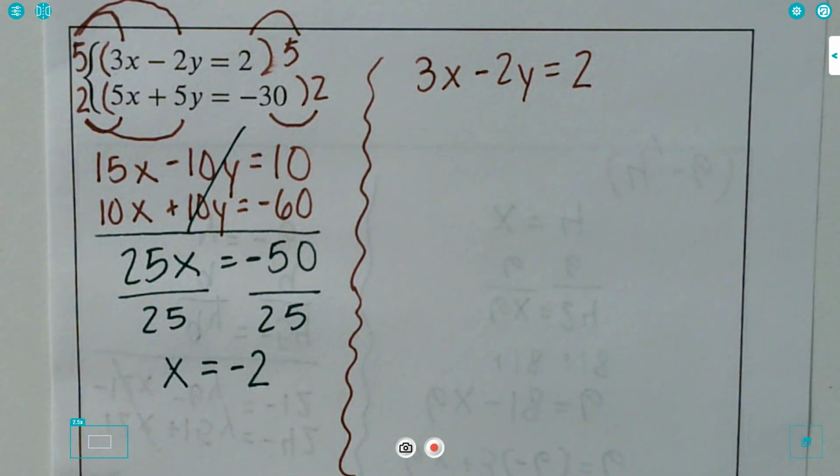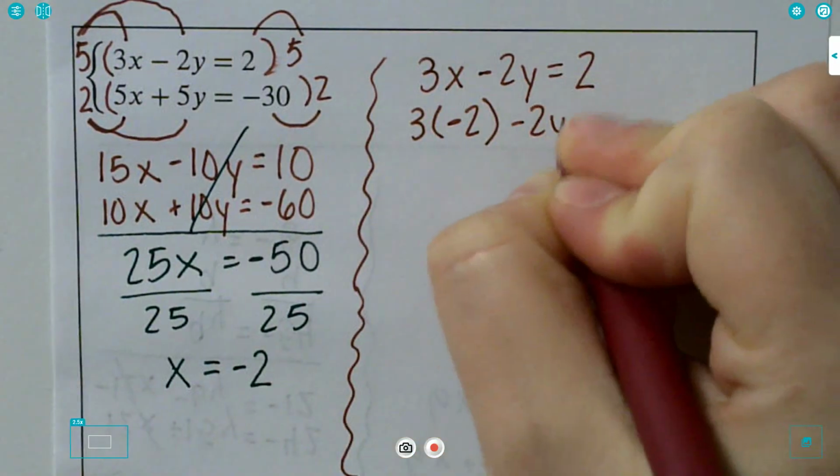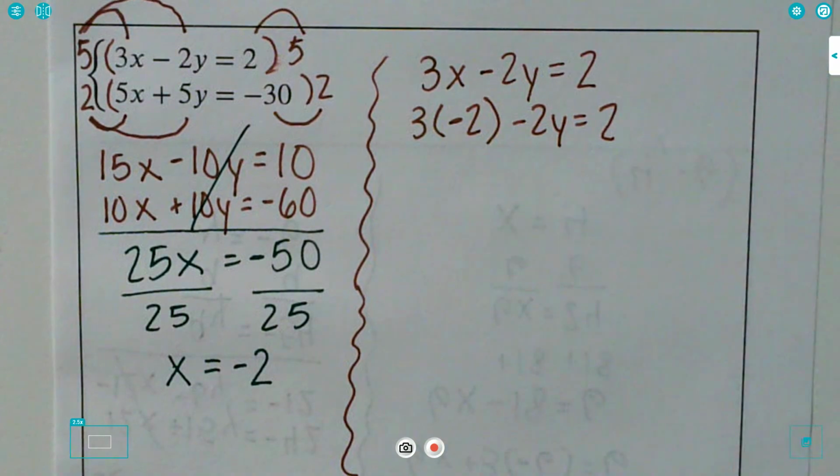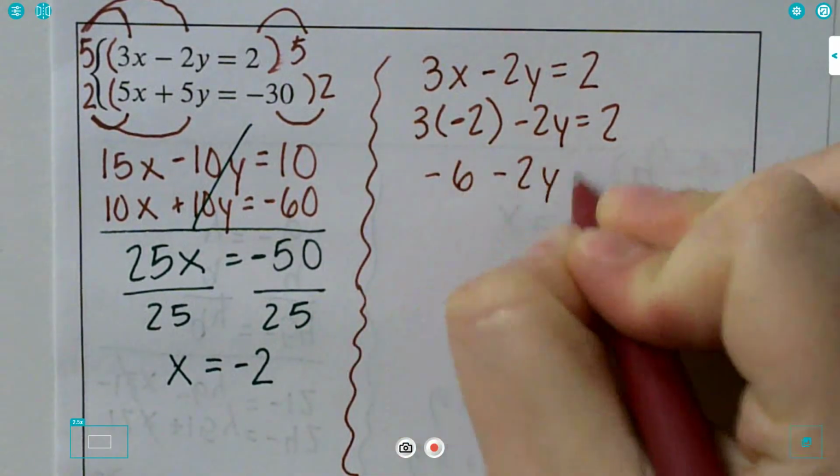I know that x equals negative 2, so I can plug that in. 3 times negative 2 minus 2y equals 2.